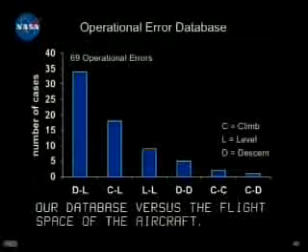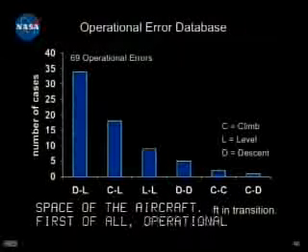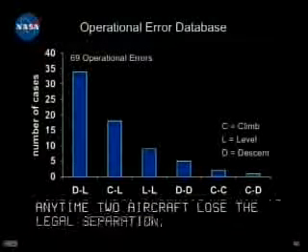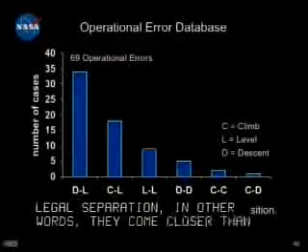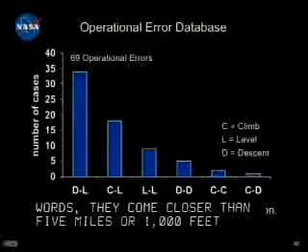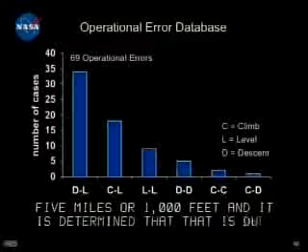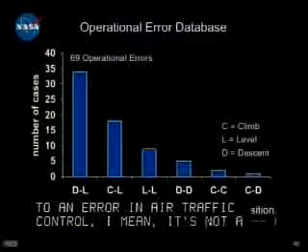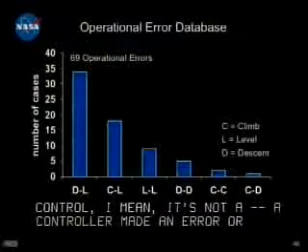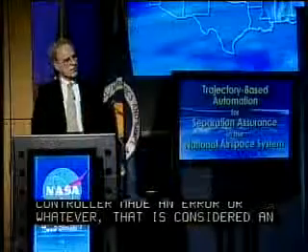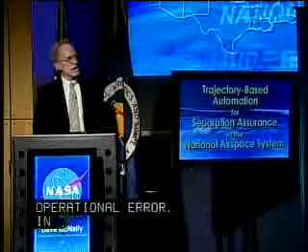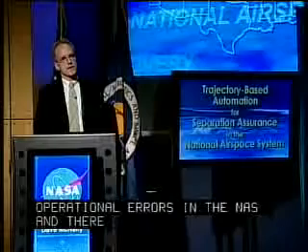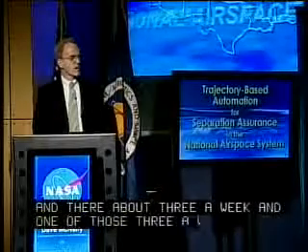Anytime two aircraft lose the legal separation, in other words, they come closer than 5 miles or 1,000 feet, and it is determined that that is due to an error in air traffic control, then that is considered an operational error. In 2005, there were 1,500 operational errors in the NAS, about 3 a week, and one of those 3 a week is really considered to be a serious error.